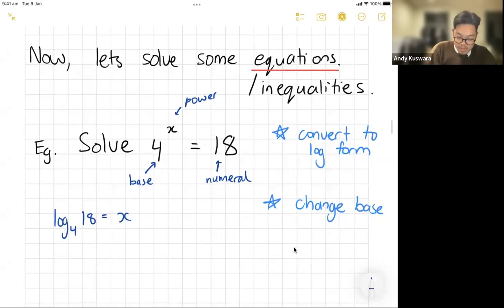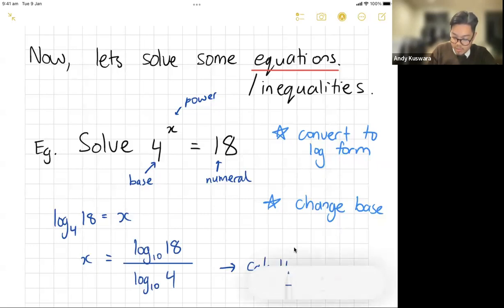Now, what's nice about this is this immediately allows me to use my change of base, and I'm just going to swap sides because I like my x's on the left. It'll be log base 10 of my numeral, which is 18, over log base 10 of my base, which is 4. And that there can be put into the calculator.